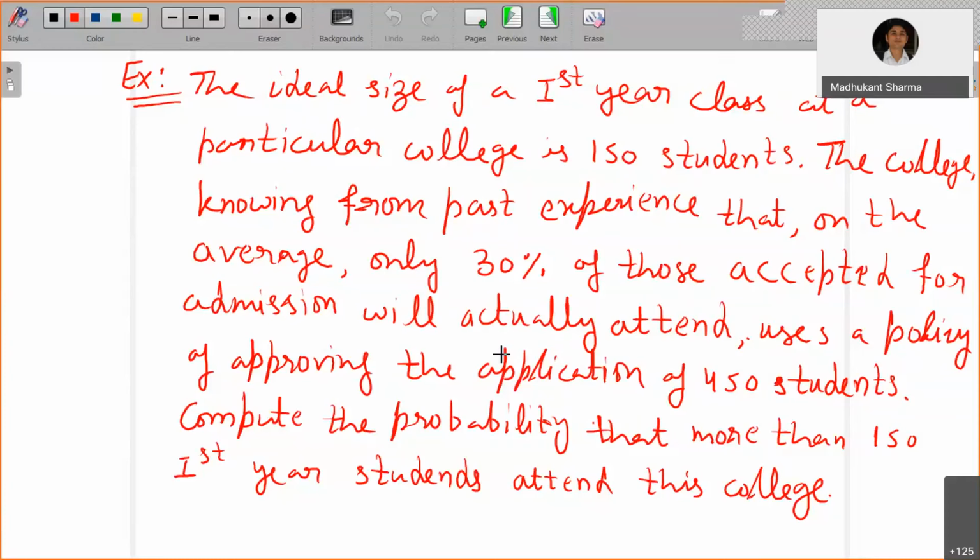The other 70% will get admission somewhere else, or decide to stay near their place. I think this explains the question.